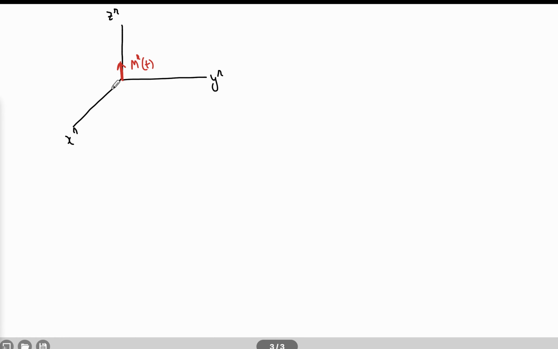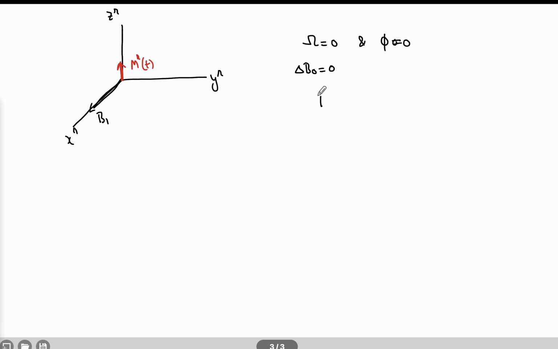So let us say that my B effective is along B1. In what condition will it be along B1? When there is no offset and the phase is 0. So when offset is 0, that means delta B naught is 0, that means there is nothing in the z-axis, and phi is 0, right?